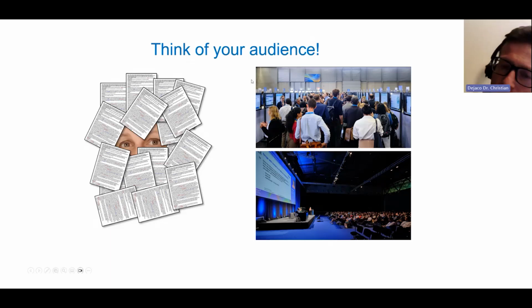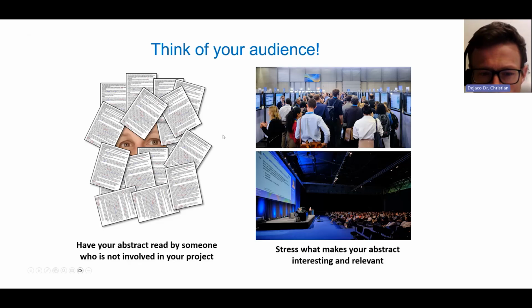And then, globally, you should always think about what the audience is. Usually, before they read your abstract, they have no idea what you are doing or what your research is about.